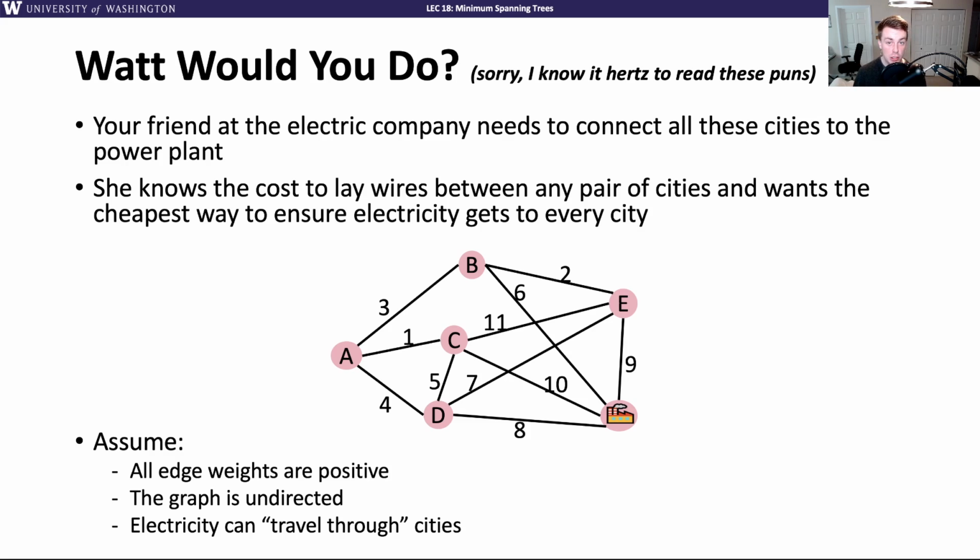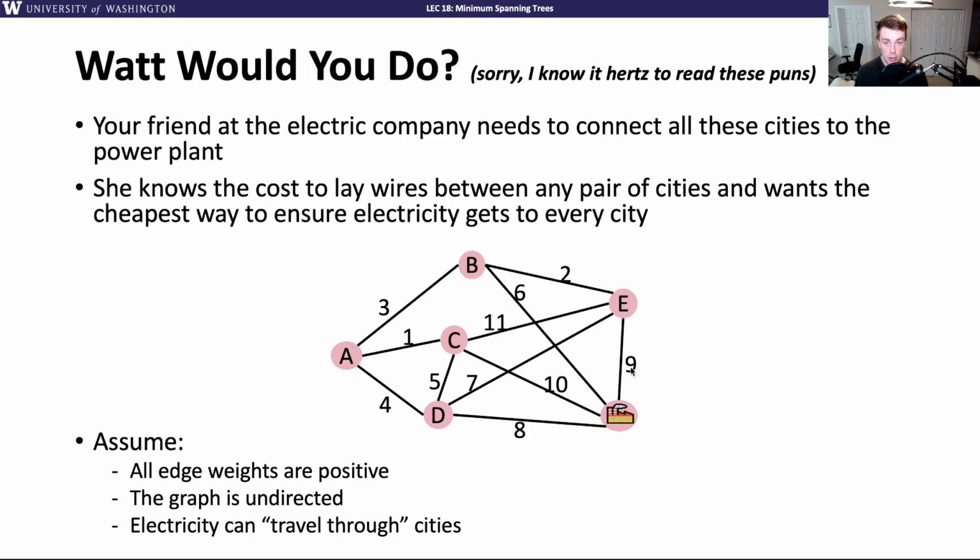We're going to model this situation as a graph where all of the vertices are cities and our electric company, and all of the edges are the possible costs to lay a wire between these two entities. So in this graph example, to lay a wire between the electric company and E would be $9 or whatever.